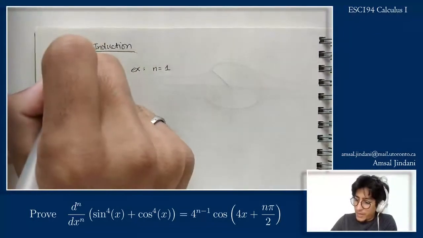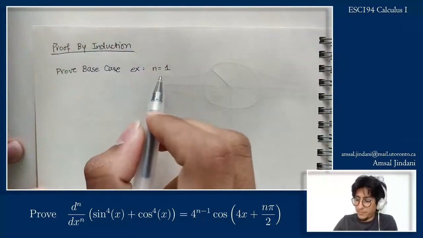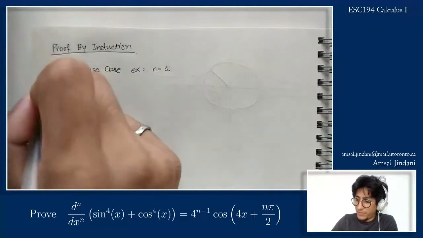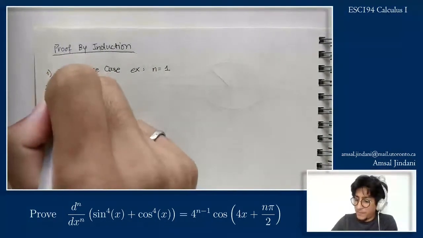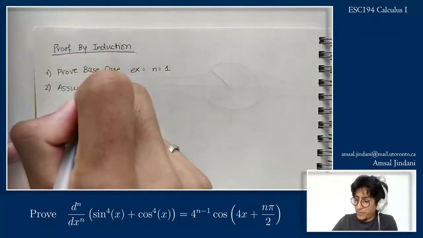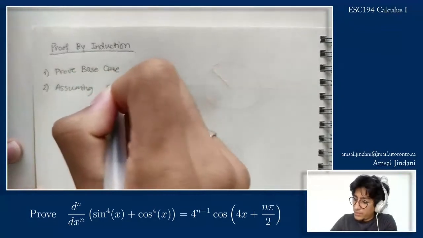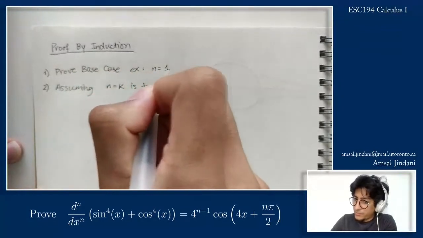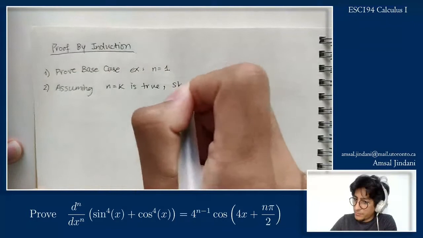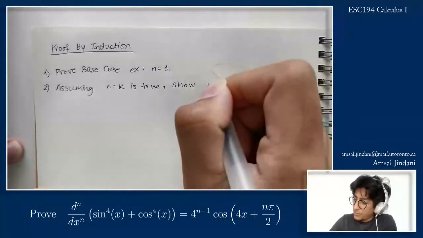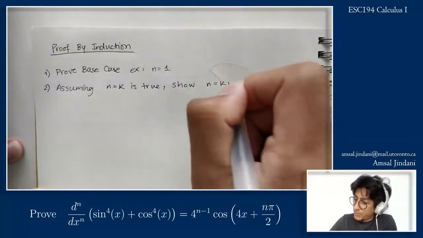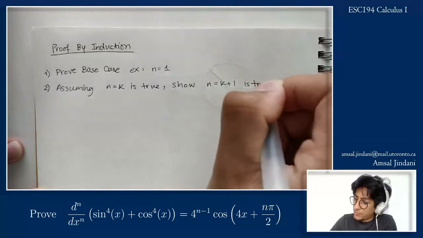We're going to prove that the n equals 1 case is true. So that's the first step. The second step is, assuming n equals k is true, show n equals k plus 1 is true.